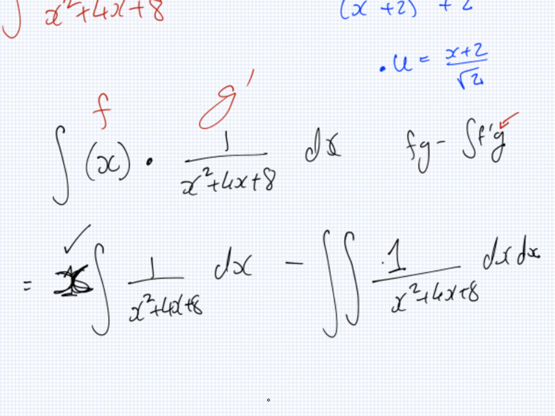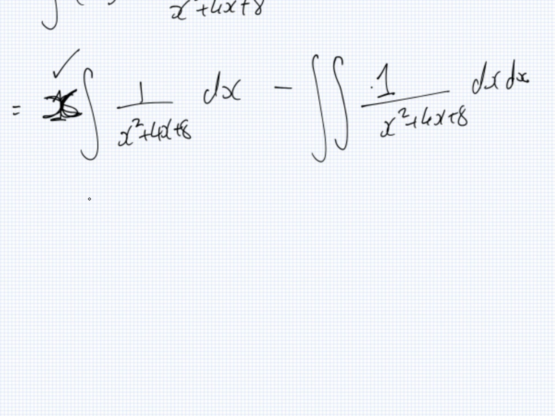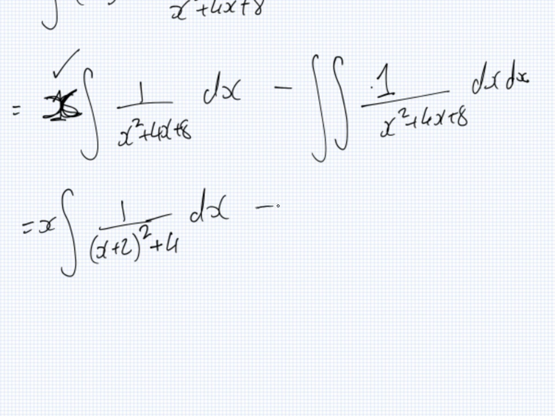I can see it. Because here, I can change this into x, integrate 1 over x plus 2 squared plus 4. And here I can do the same thing.